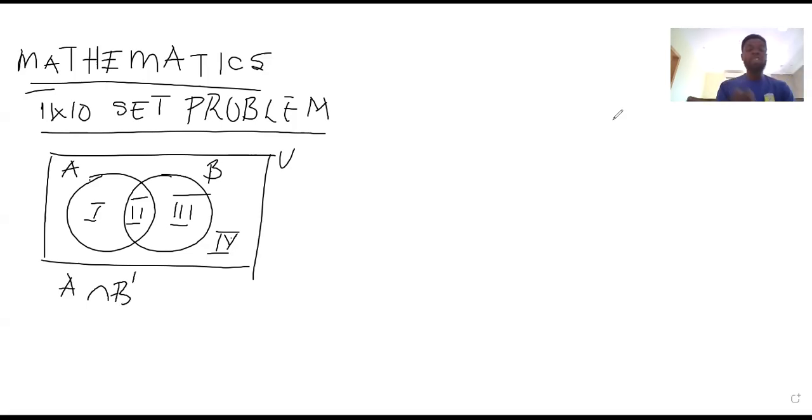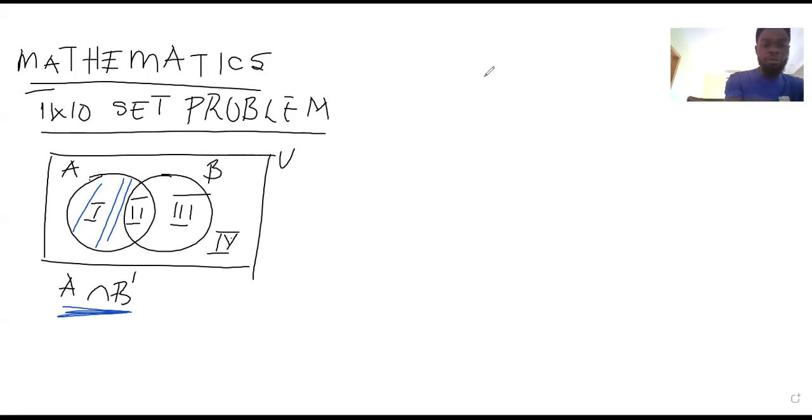So my region 1 is representing the number of elements in A only. That is A intersection B complement.